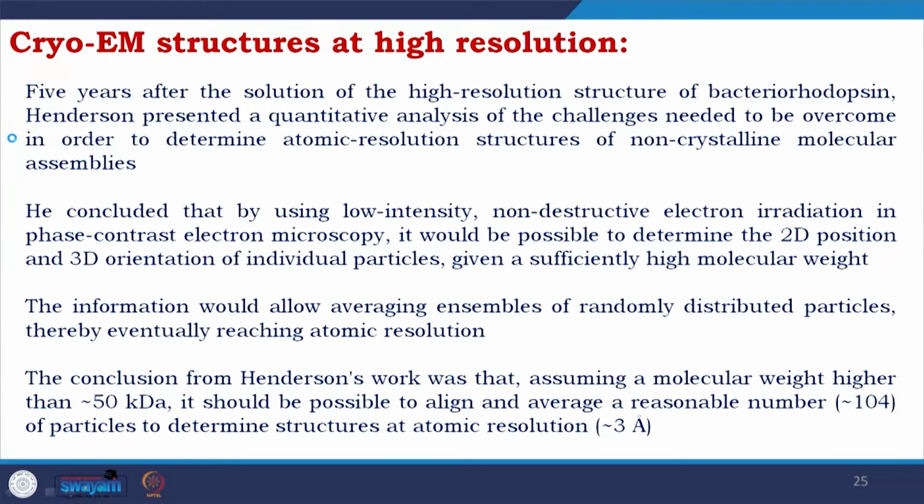The conclusion from Henderson's work was that assuming a molecular weight higher than 50 kilodalton, it should be possible to align and average a reasonable number, 10^4, of particles to determine the structure at 3 angstrom resolution.